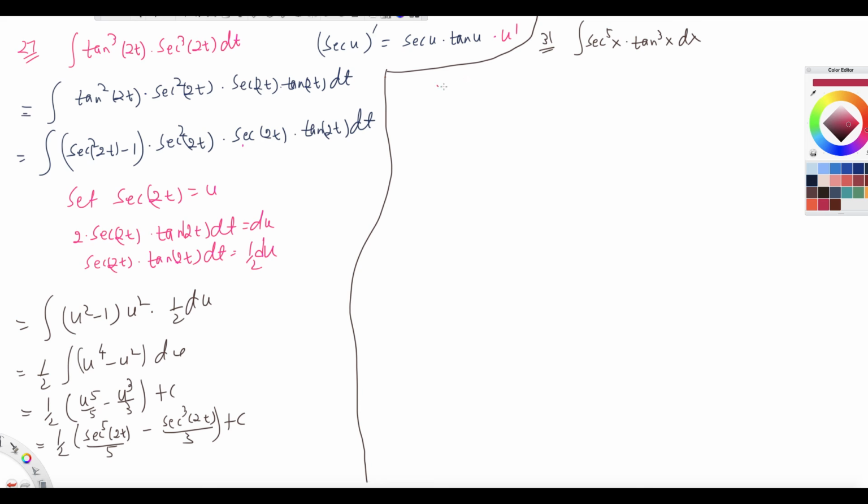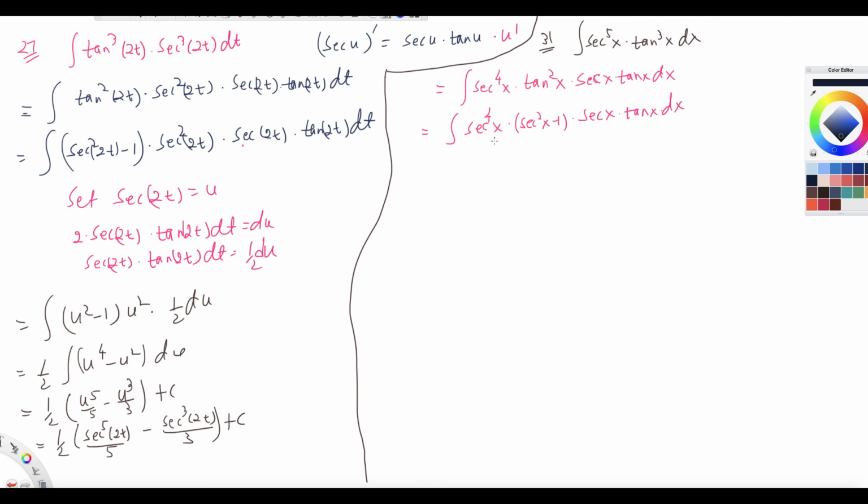So that will be equal to secant to the 4th x times tangent squared x times secant x tangent x dx. Now I'm assuming secant x equals u later, but I need to write that in secant format too. So it will be secant to the 4th x times secant squared x minus 1 times secant x tangent x dx.